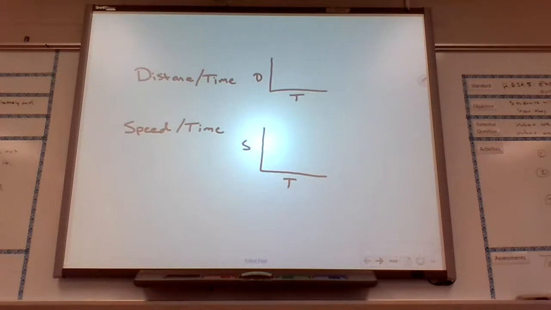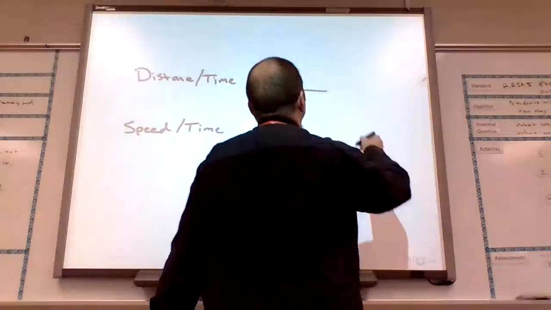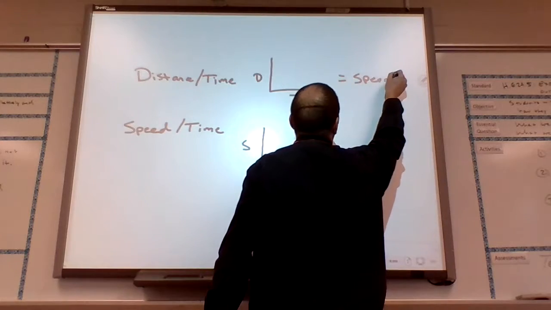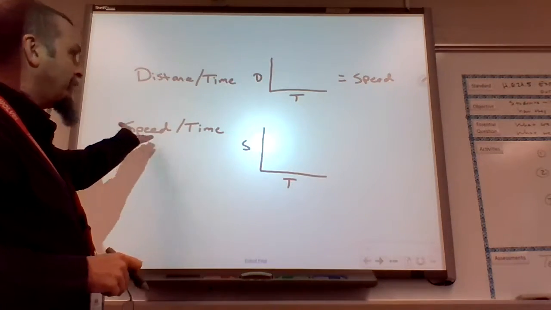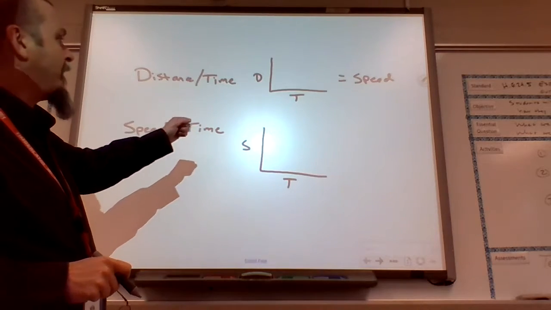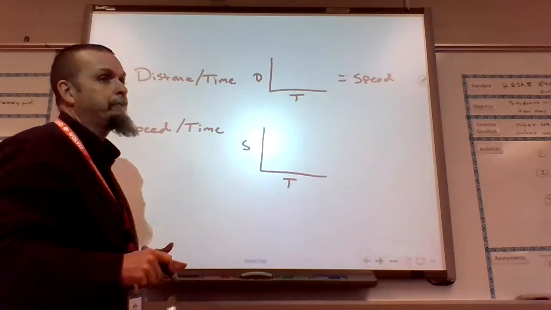Distance time graphs are also referred to as speed graphs. And yeah, I know it seems contradictory because this is a speed time graph down here. But if we look at the two variables that are on the axis, they are the two variables that go into calculating the speed of an object.